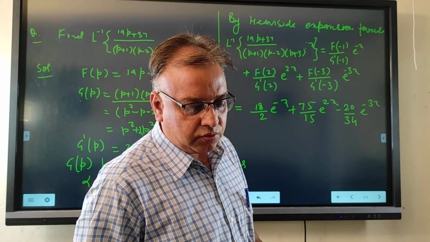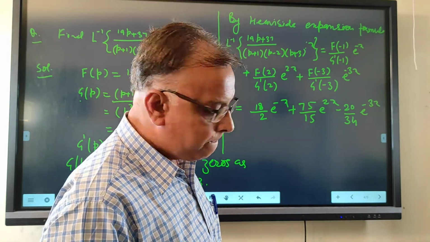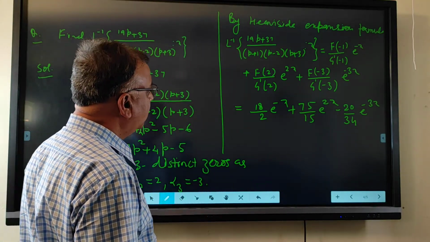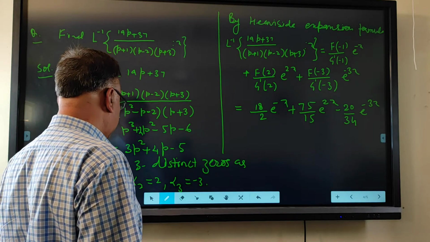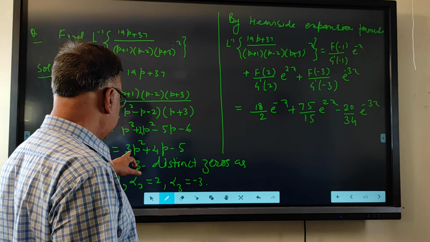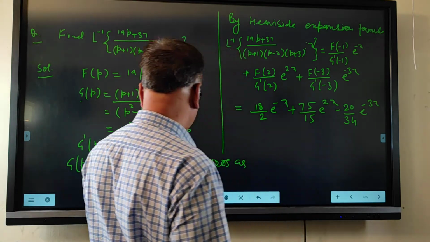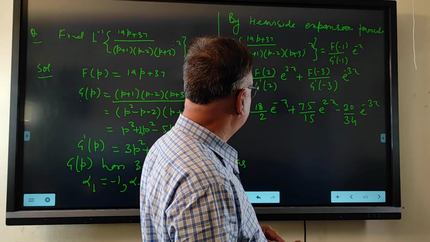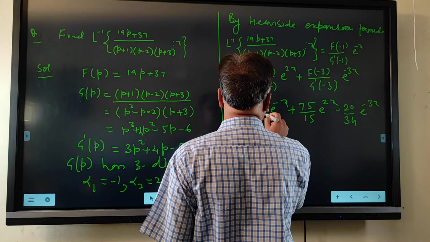So if we solve this, we get G dash minus 1 is 3 minus 4 minus 5, so minus 6.